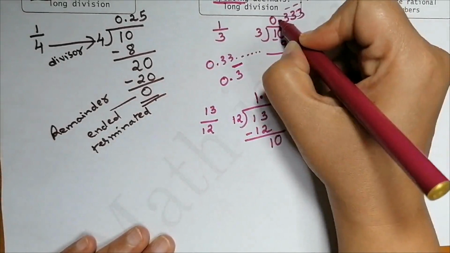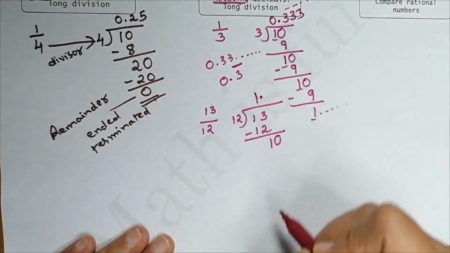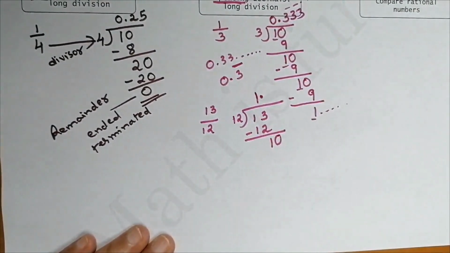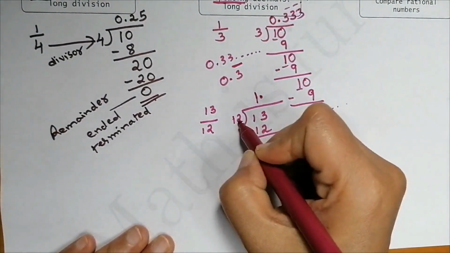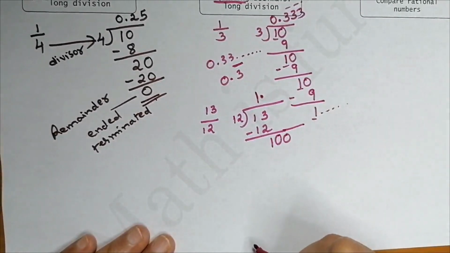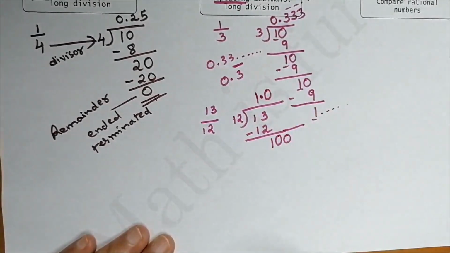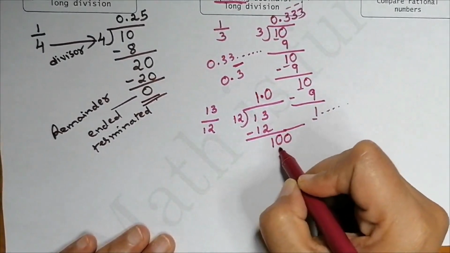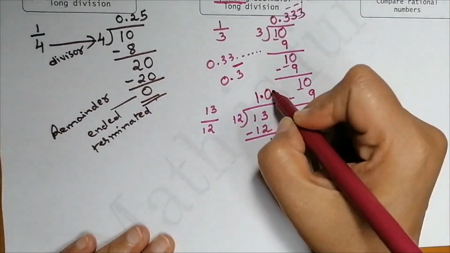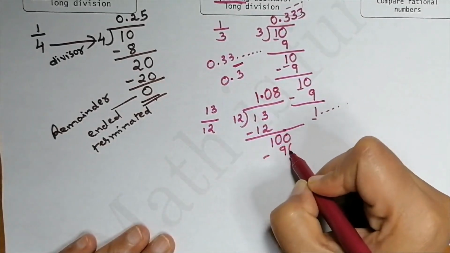Now we don't need to put a 0 before decimal as we did here because we have some number there already, right? So we put a decimal for this 0 that we have, but still 10 is smaller than 12. What do? One more 0, right? And this time you have to put 0 here because with 10 you could not divide it, right? So you put 0 there. So 8 times 12 is 96.